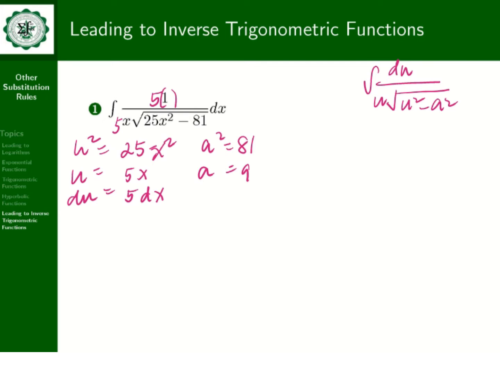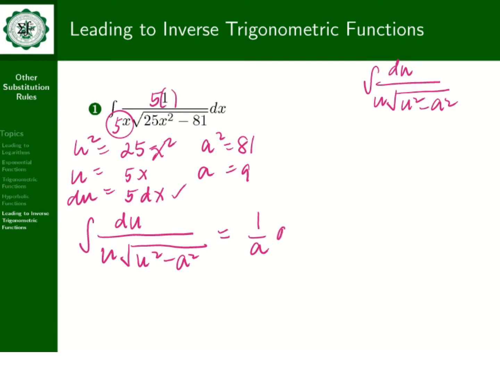For the numerator, we already have 5 times 1 dx, so that would be our du. For the denominator, we now have u, and then we have the square root of u squared minus a squared. Therefore, it follows the form that leads to inverse secant function or arcsecant. So the answer would be 1 over a times arcsecant of the absolute value of u over a plus c.